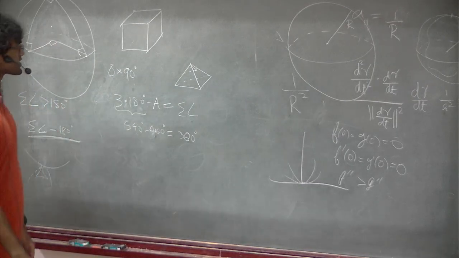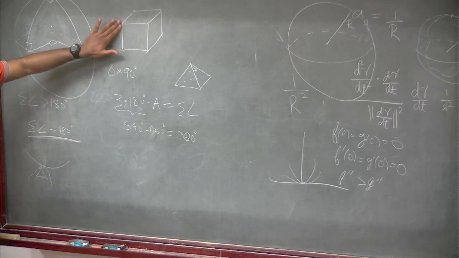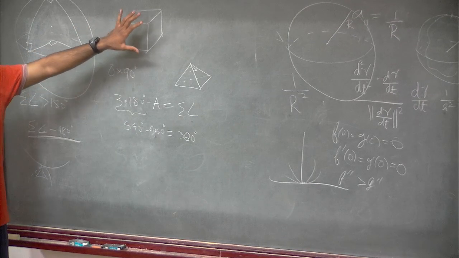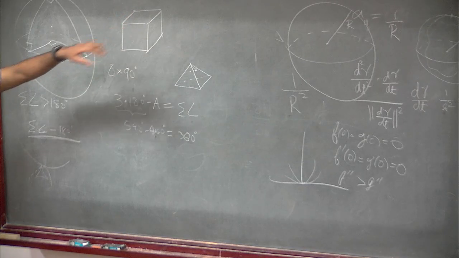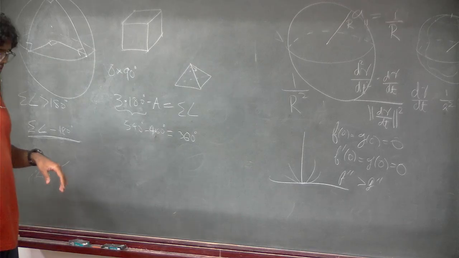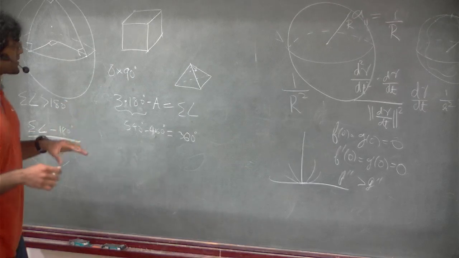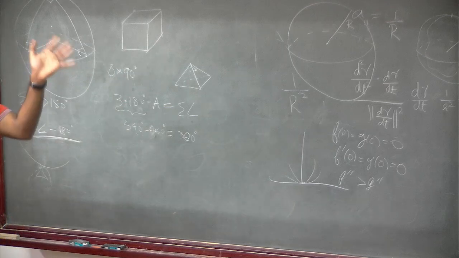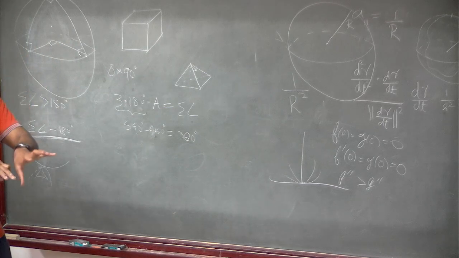This is a consequence of the polyhedron version of the Gauss-Bonnet theorem, which is essentially that any 2 surfaces, if they're homeomorphic to each other, so one can be continuously deformed to another, if you calculate the total curvature of both of them, they'll both be equal to the Euler characteristic.